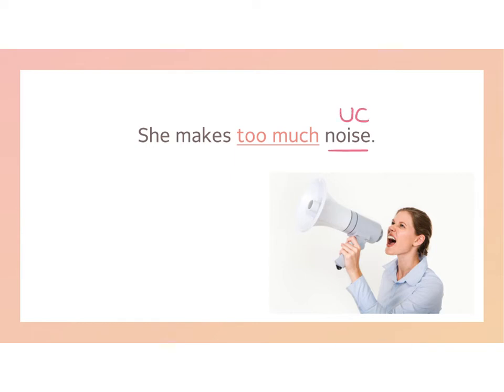And from the picture, you can see the lady is using a microphone. It makes your voice louder when you speak into it, so that people can hear you although they are not near to you. So the quantifier too much is the best option to describe the uncountable noun noise.